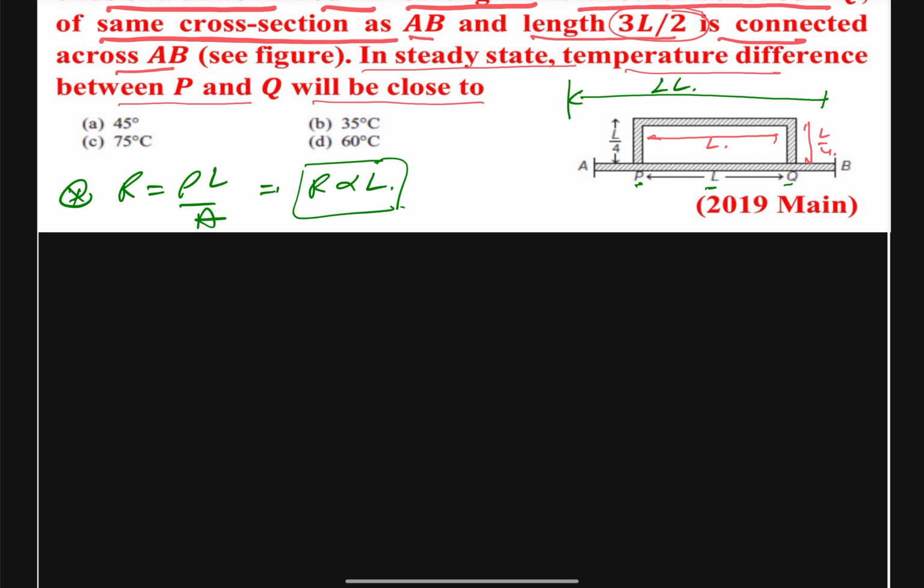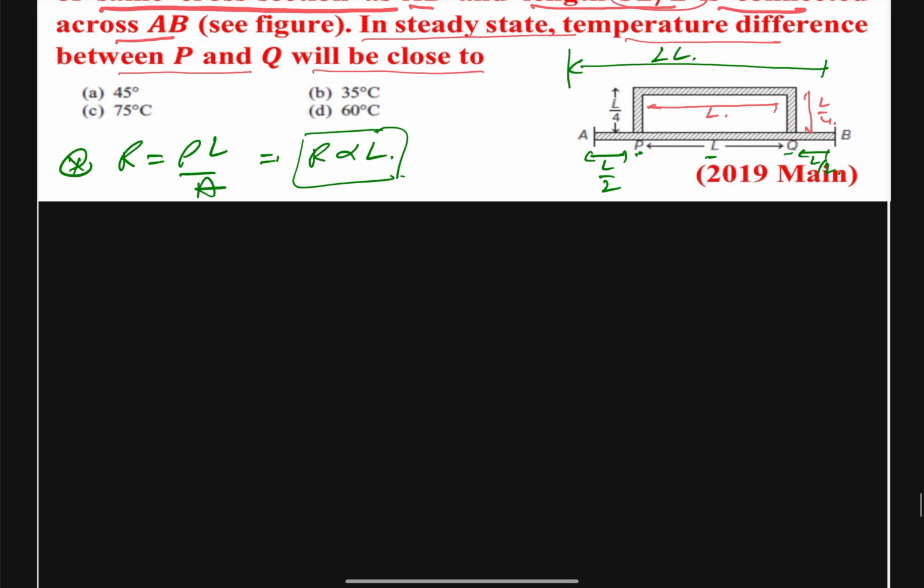So we have our total length as 2L. This AP will be equal to L by 2, and this will also be L by 2. So we can say that AP, which has a length of L by 2, is going to have a resistance of R by 2.